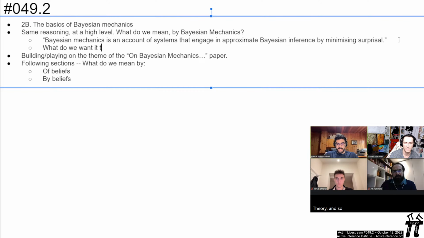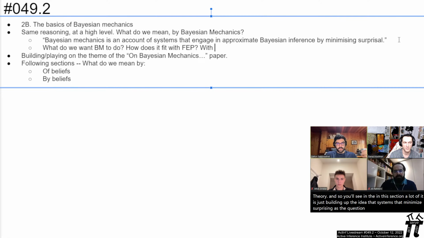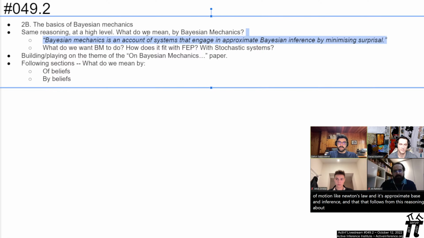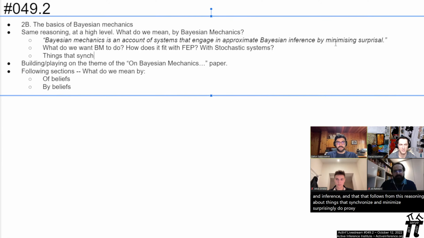You'll see in this section, a lot of it is just building up the idea that systems that minimize surprisal, as the kind of law or the optimization principle that they follow, exhibit a kind of law of motion like Newton's law, and it's approximate Bayesian inference. That follows from this reasoning about things that synchronize and minimize surprisal doing approximate Bayesian inference about the parameters of the probability density of the system to which they're coupled.